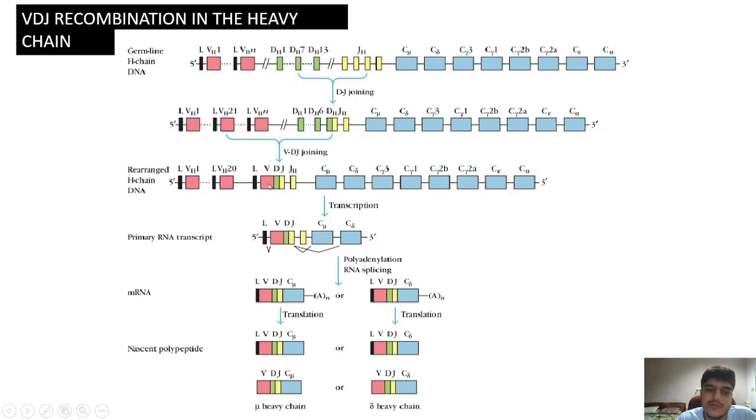So now this VDJ is going to recombine with both of these constant segments, constant segment mu as well as constant segment delta. So it's going to express both immunoglobulins, both antibodies. What are they? Mu is IgM and delta is IgD.